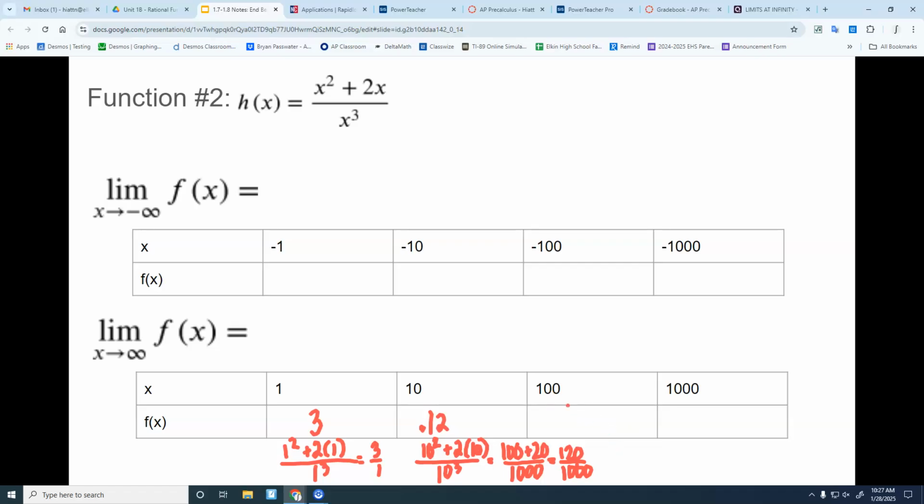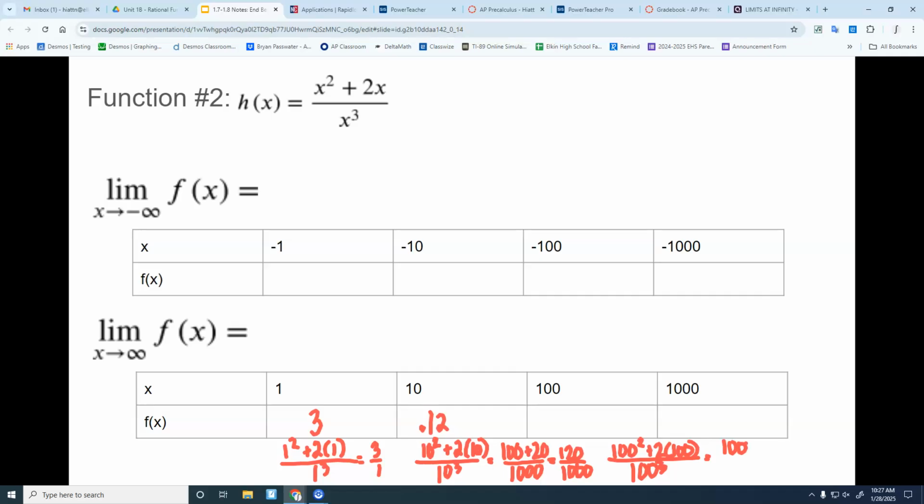And then for 100, we got 100 squared plus 2 times 100 over 100 cubed. So 100 squared is going to be 100 times 100, which will have 4 zeros with it.